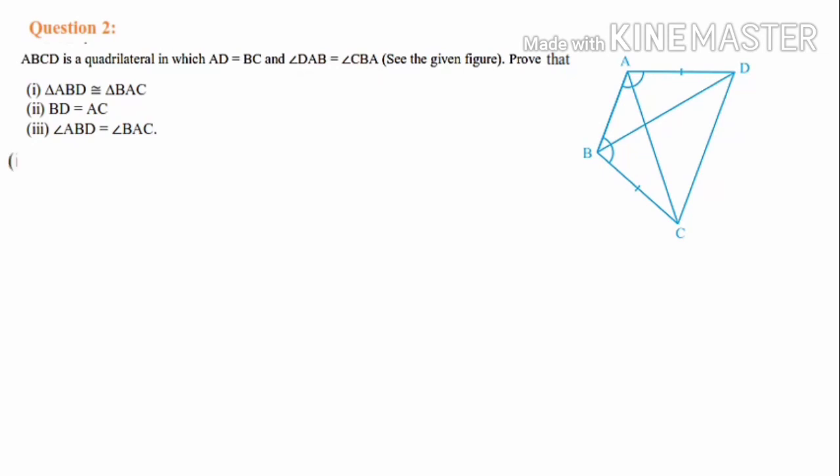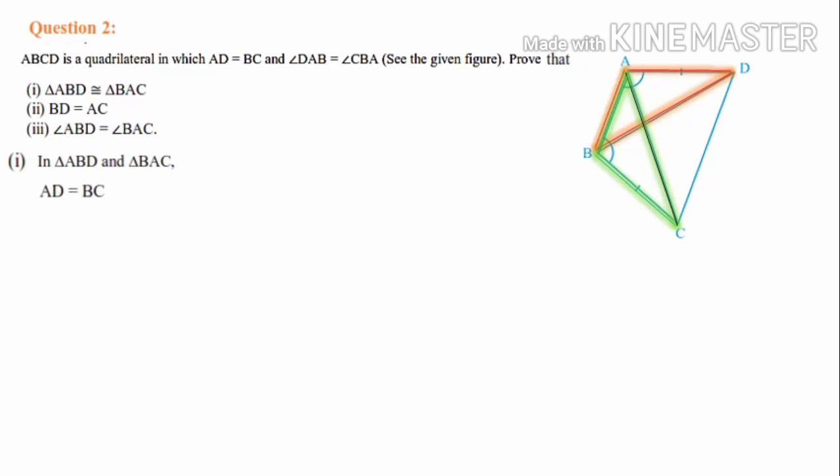So first of all, let's take the triangles which we are supposed to prove congruent, that is triangle ABD and BAC. Let's highlight these two. First one is triangle ABD and the second one is BAC. Then as before, we have to identify the corresponding sides or angles which are equal.